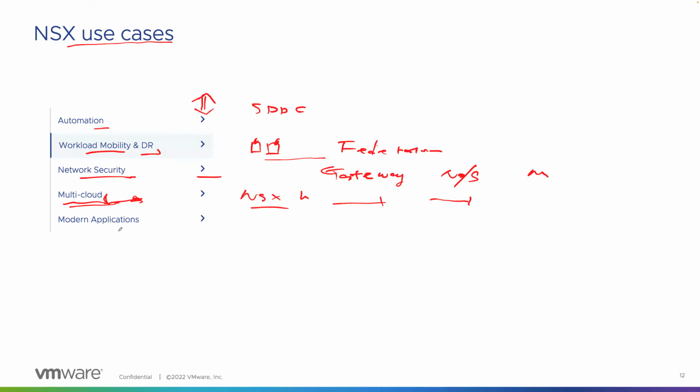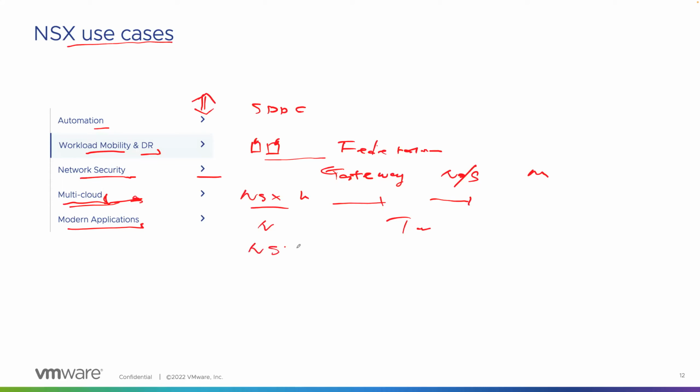We can also leverage NSX for Kubernetes and modern applications. NSX can be leveraged through its network functions when we use vSphere with Tanzu, where it is a network component within vSphere with Tanzu.